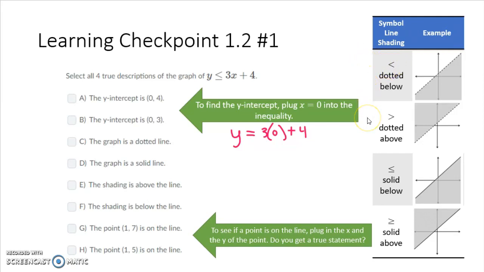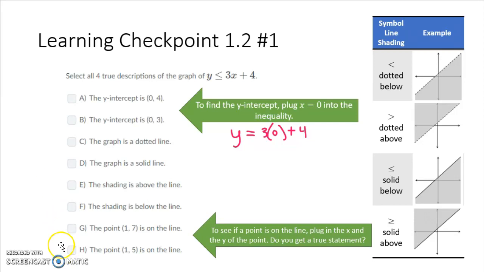When we have the greater than sign, we have a dotted line, we shade above, less or equal, solid and below, greater or equal, solid, and above. So you just need to match the appropriate symbol with what was given to you in this problem and figure out the appropriate type of line, either dotted or solid, and then also the shading above or below the line.